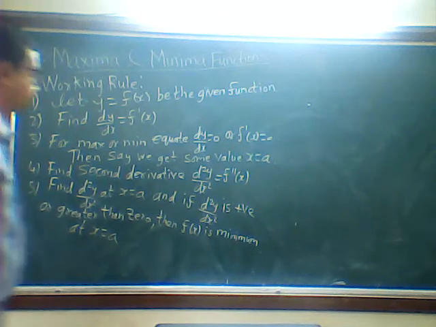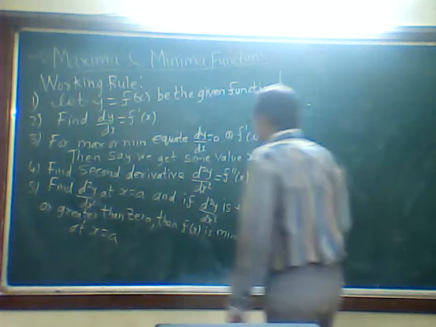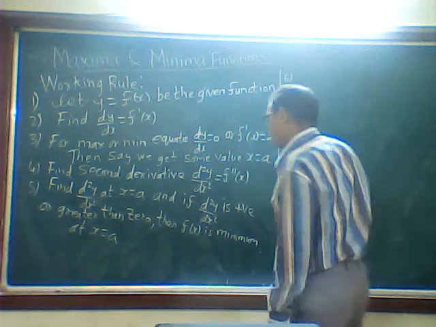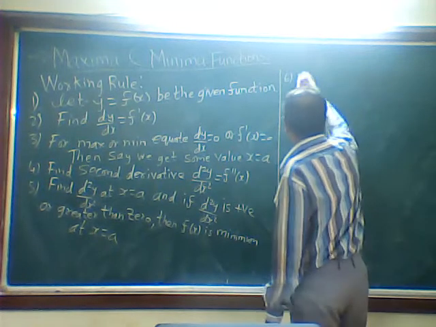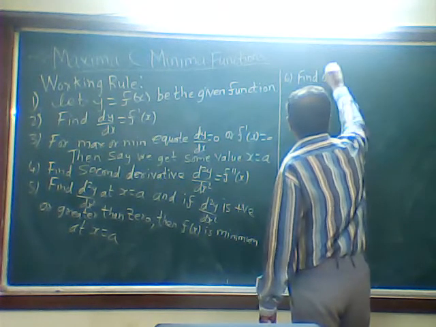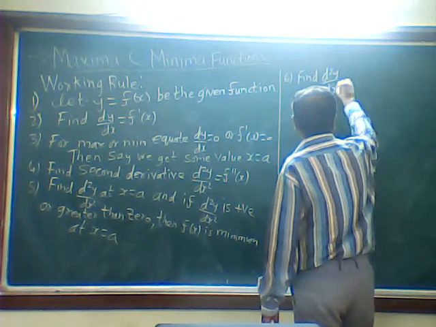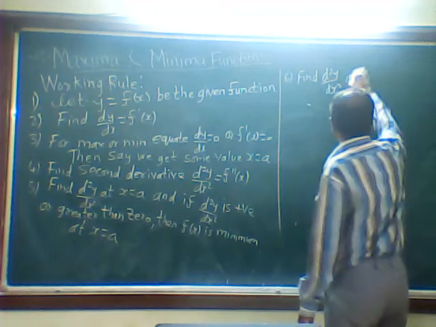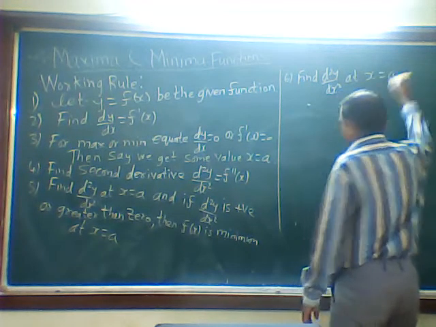Okay. Next, sixth one. Find the second derivative, d square y by dx square, at x is equal to a.